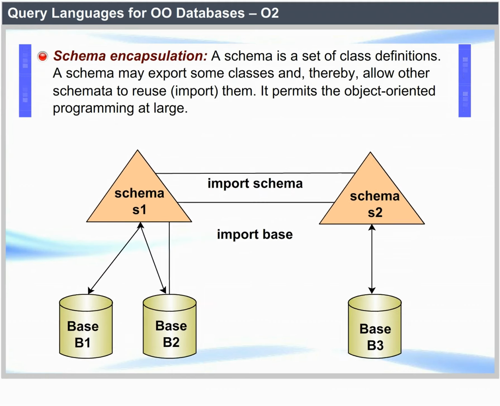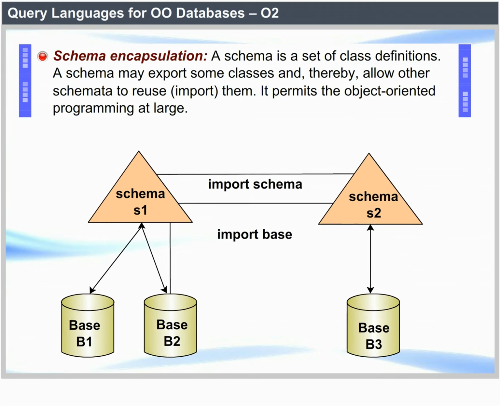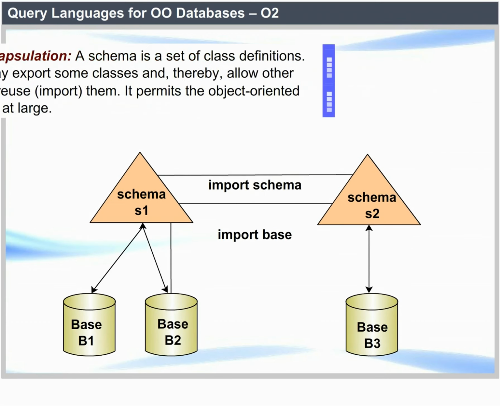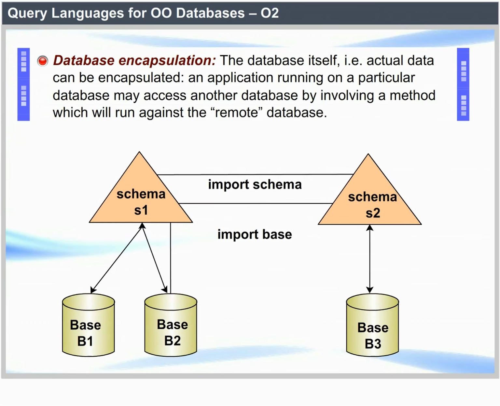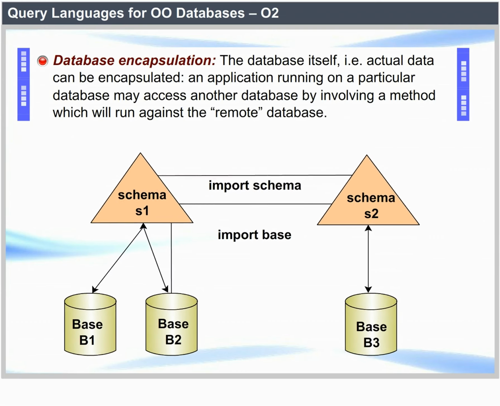Schema encapsulation. A schema is a set of class definitions. A schema may export some classes and thereby allow other schemata to reuse, import them. It permits object-oriented programming at large. Database encapsulation. The database itself, that is, actual data, can be encapsulated.